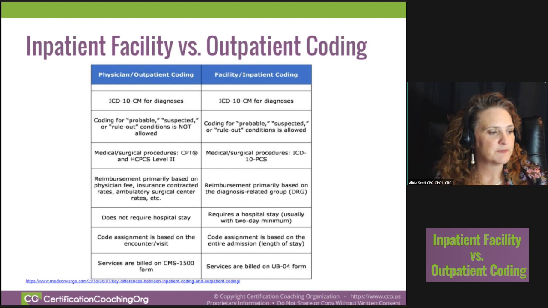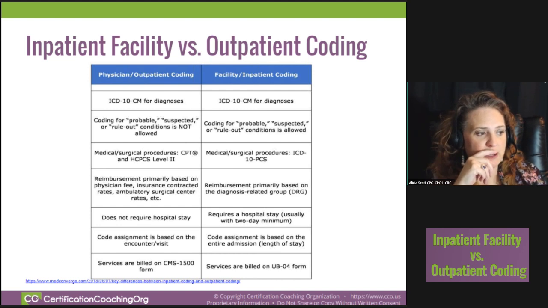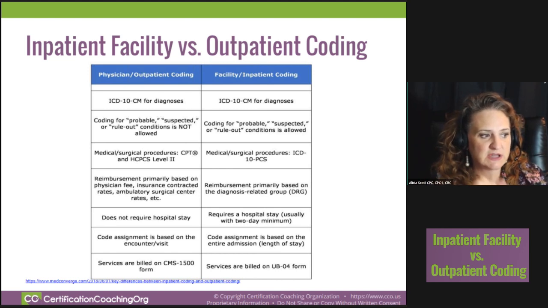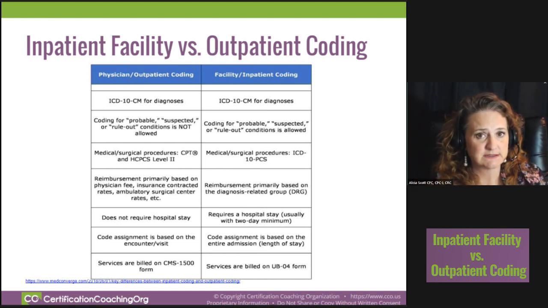Probable cancer. I'm going to read a little bit into this, and it may not be correct, but when you're in the hospital and the oncologist comes and sees the patient, is it because they already have cancer and they think that it's metastasized? Or is it because there's a mass and they're going to go in and biopsy the mass?